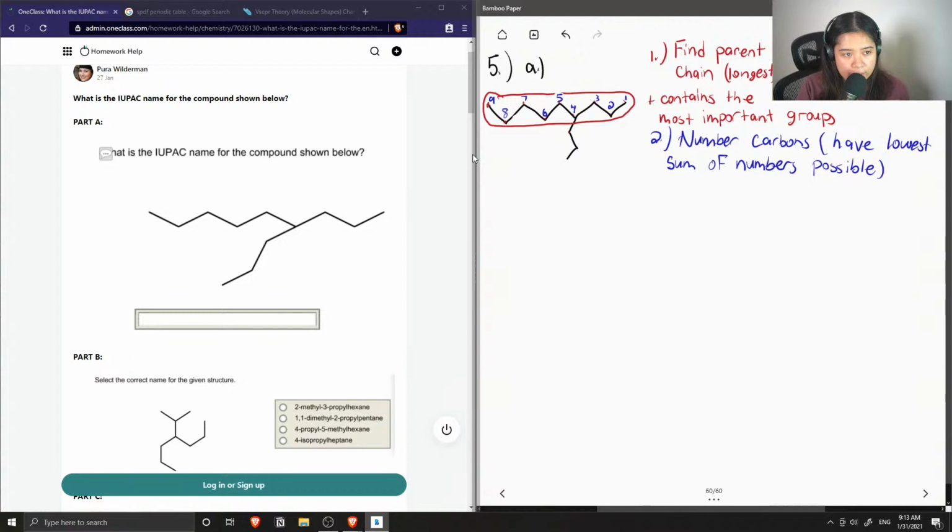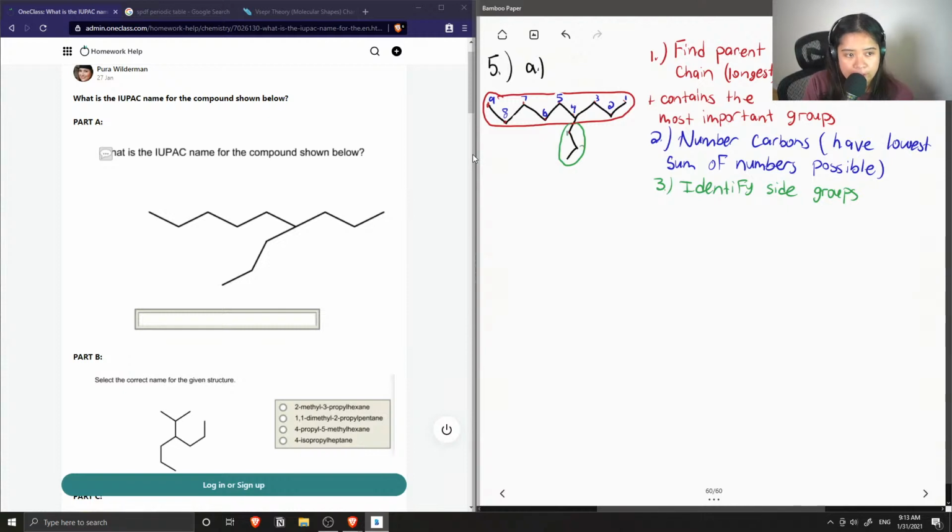Okay, so now we just need to identify the side groups for step 3. Okay, so I'm just going to circle this small chain as the only side group for this structure.